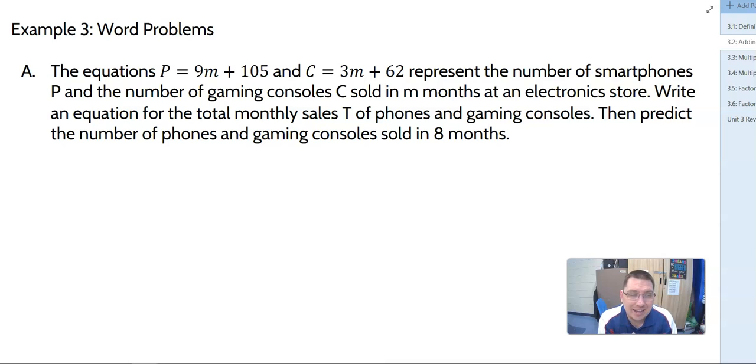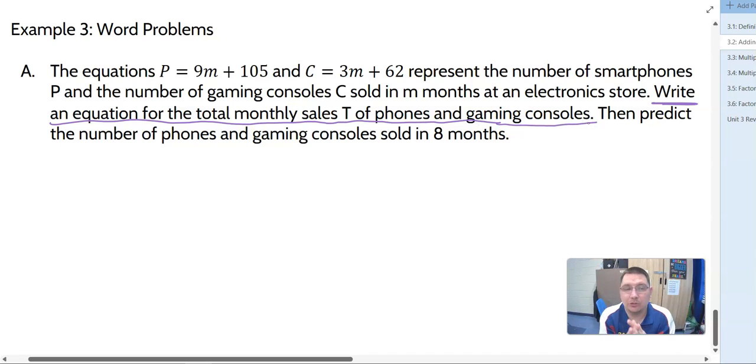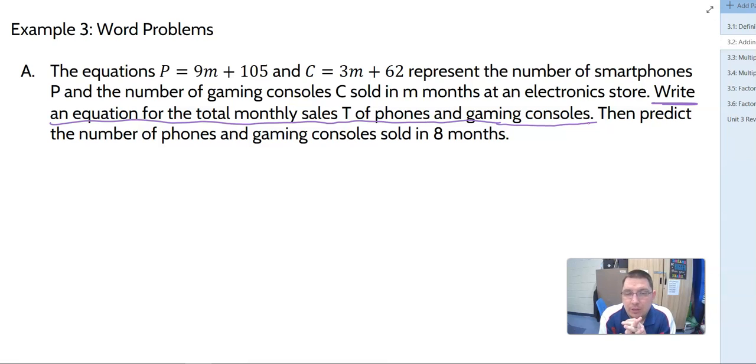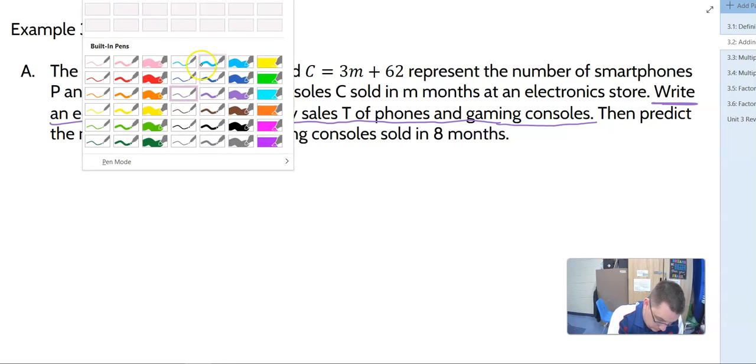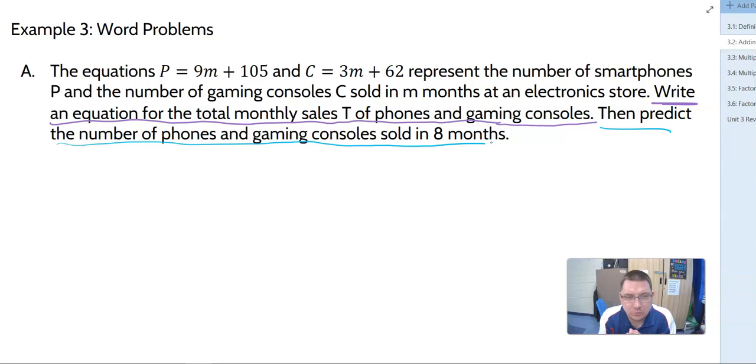We want to write an equation, so that's our first direction, right? We are writing an equation for the total monthly sales, T, that's the letter we're going to use to represent that, of phones and gaming consoles. And then part 2, once we've got that, we want to predict the number of phones and gaming consoles sold in 8 months. So we got to first write this equation.